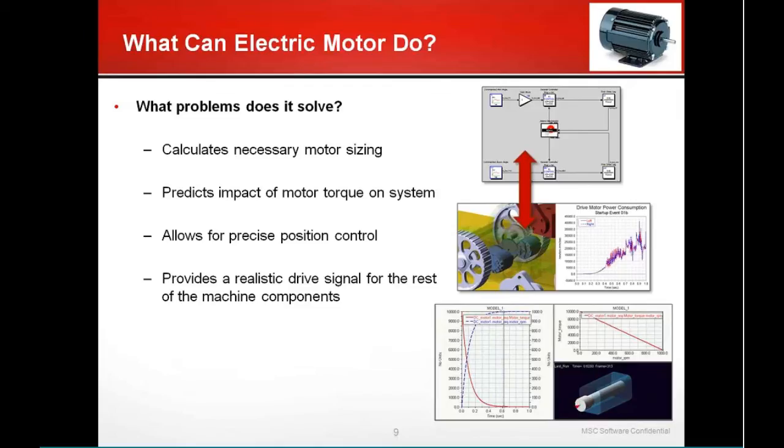Am I just going to miss the mark with whatever my precision control application is in the rest of my model because the motor torque is coming on too hard or it's vibrating too much itself, causing too many vibrations? So it's really about providing a realistic drive signal so that we can see how the rest of the mechanism, the rest of the machine components, react to that.